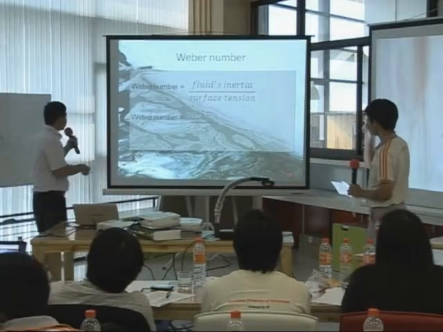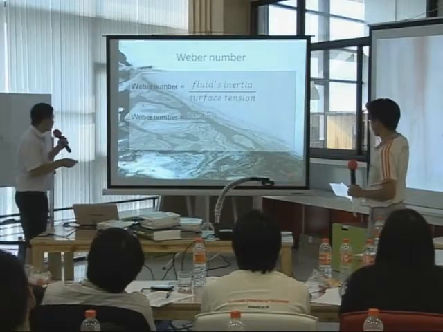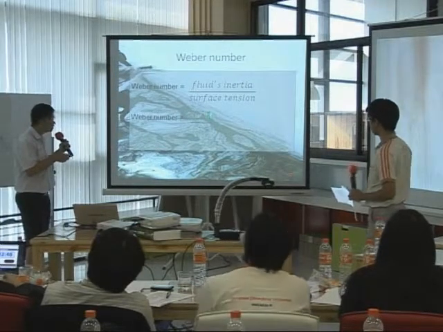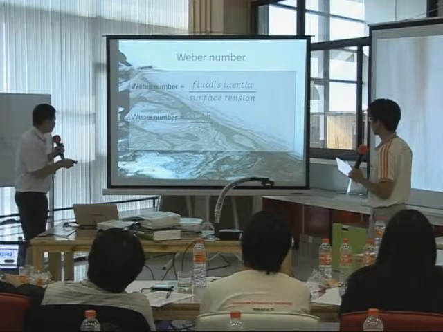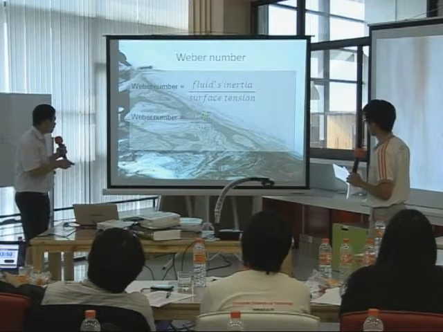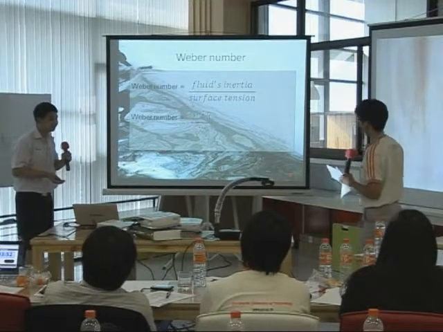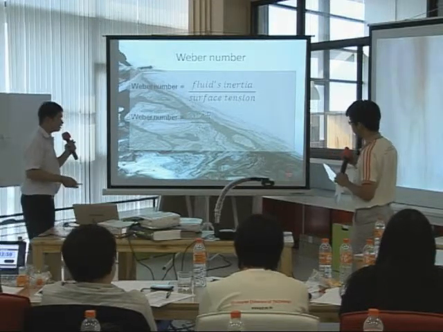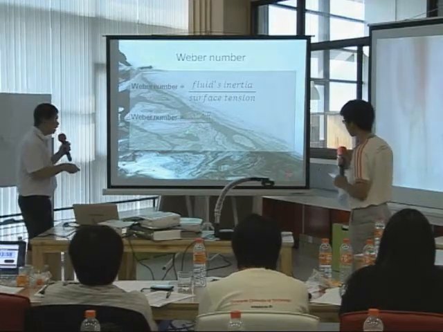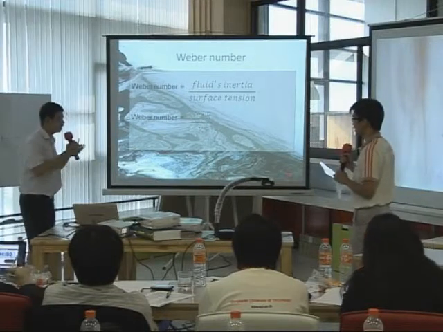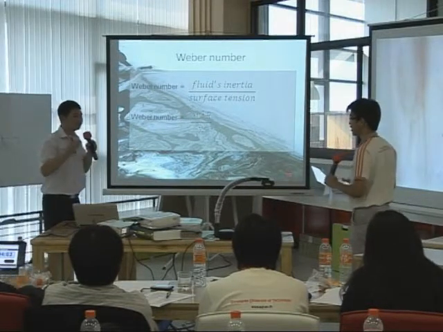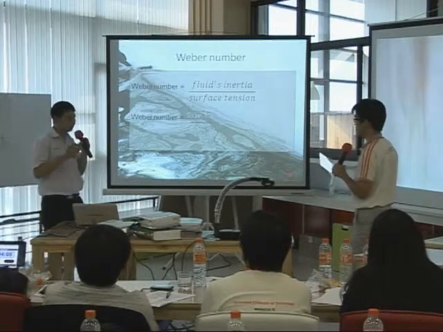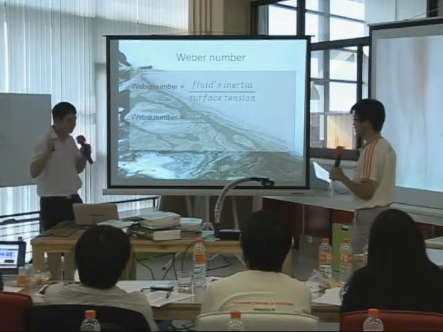If you look at this formula, this term is the velocity term, and density and R are the mass term, right? If you have a big R, that means big mass. If you have a big rho, we have a big mass, right?